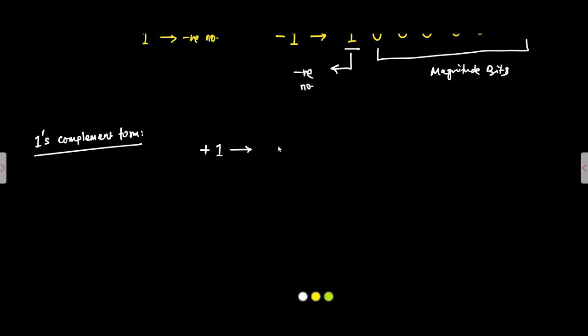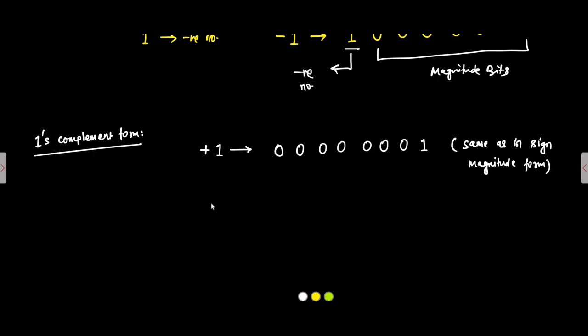So using 8-bit format it will be 0 0 0 0 0 0 0 1, same as in sign magnitude form.